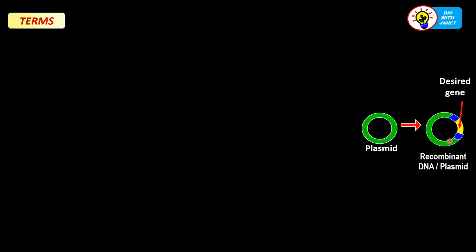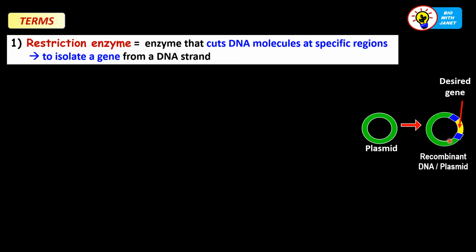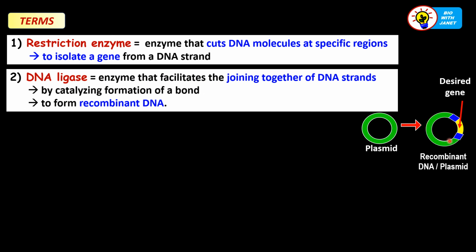So here are some of the terms that we have discussed in genetic engineering. The first one is restriction enzyme. It is an enzyme that cuts the DNA molecules at specific regions to isolate a gene from a DNA strand, or to cut open the plasmid. Number 2 is another enzyme called DNA ligase.